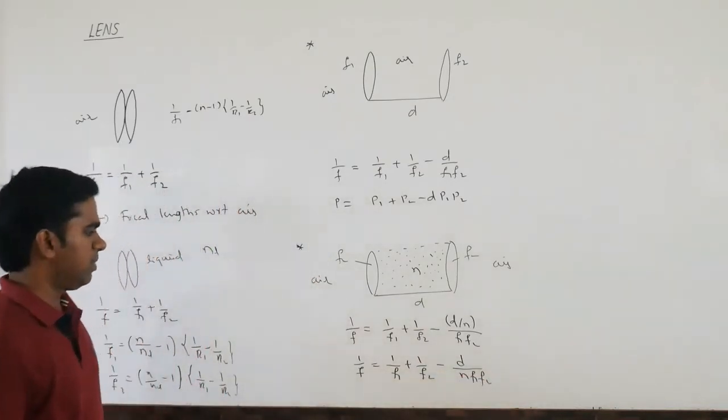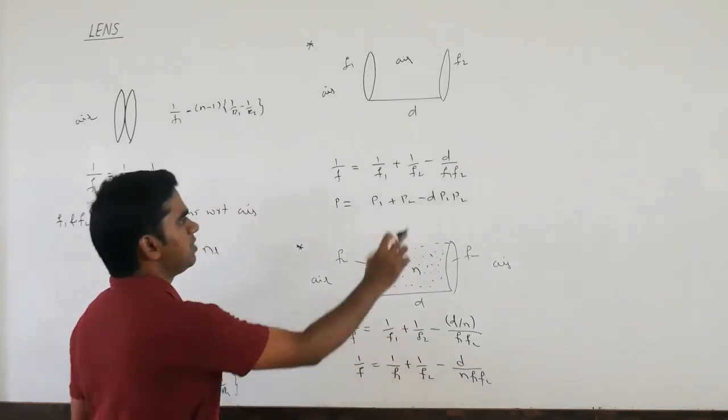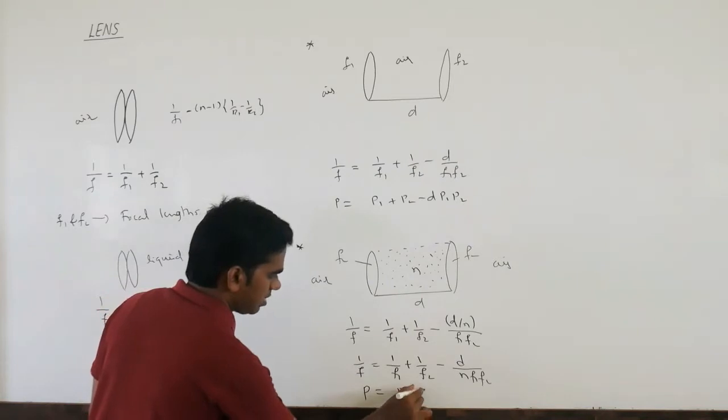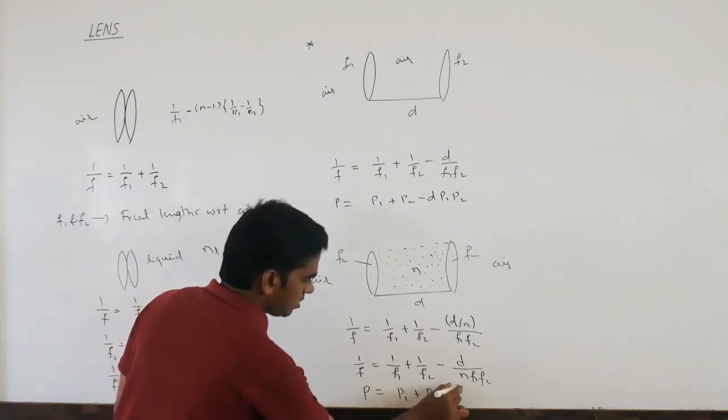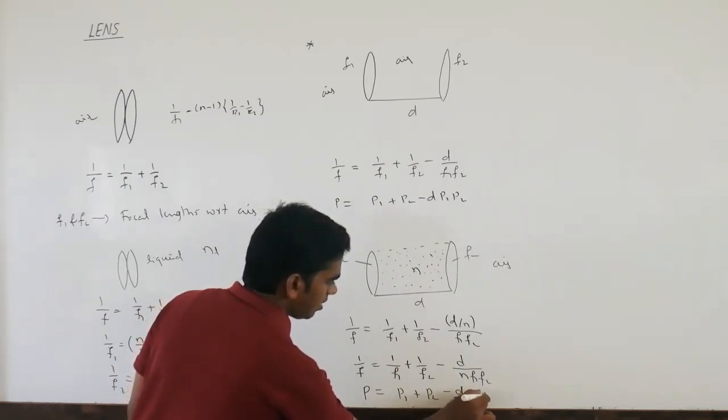Remember, this is an important thing. You have to divide by n for this formula, or in terms of power, P equals P1 plus P2 minus d divided by n into P1 P2.